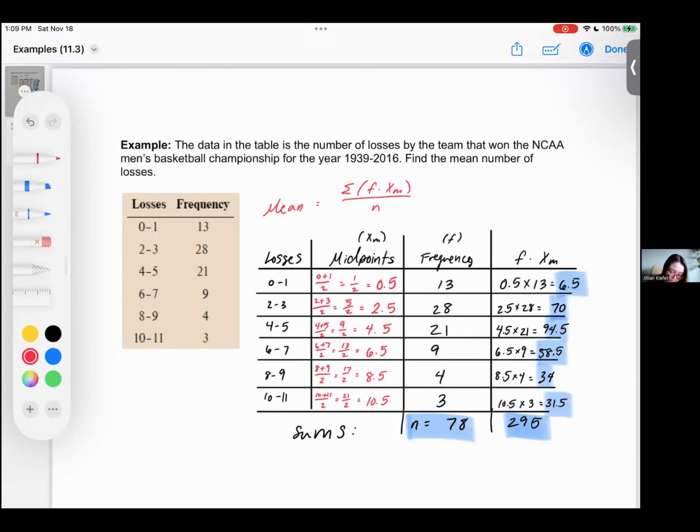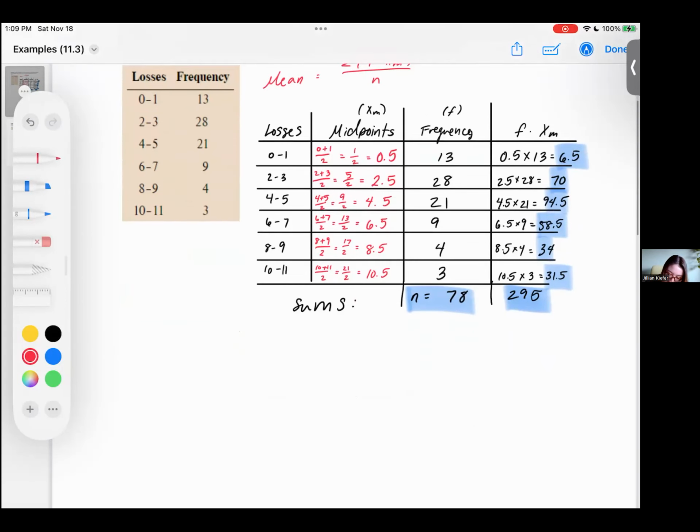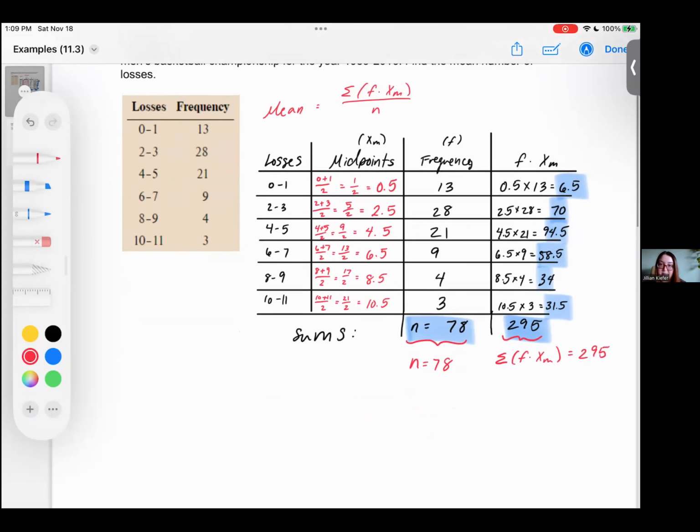So it's important to note at this point that we already said that this value was equal to n, and n is equal to 78. And the 295 was the sum of frequencies times the midpoints, because we added all of those together.